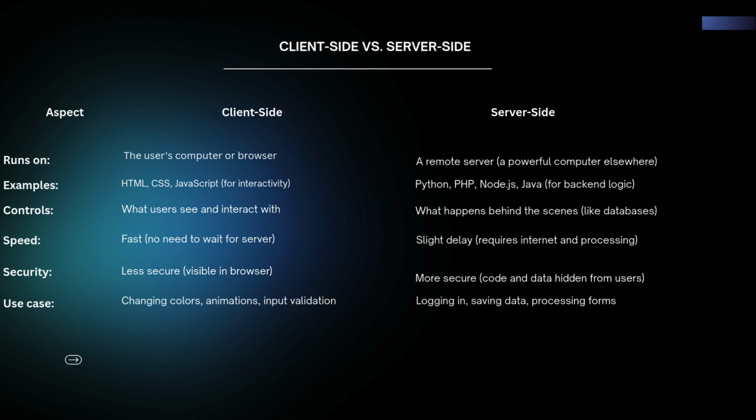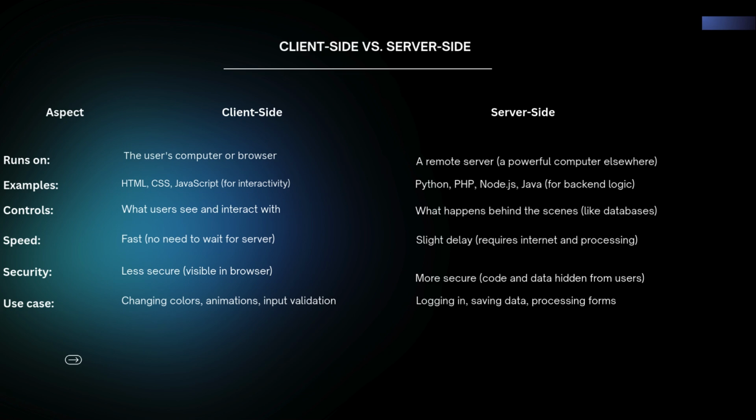The first aspect is that the client side runs on the computer or browser you're using. On the server side, there's a remote server placed somewhere, a powerful computer that is able to provide all the other computers with information.